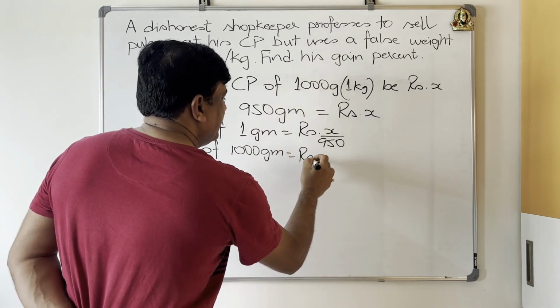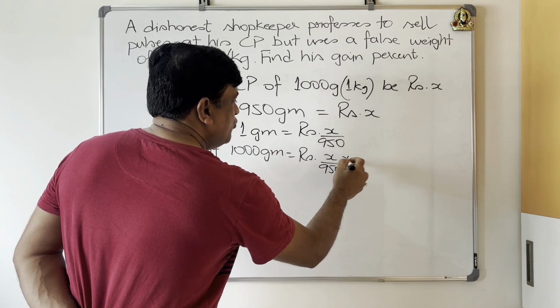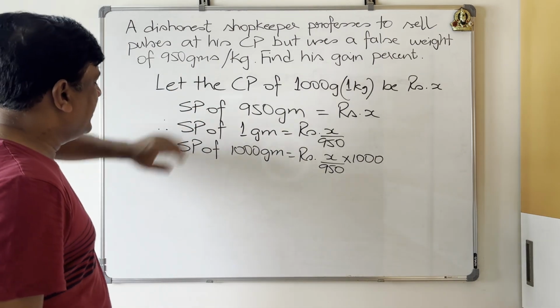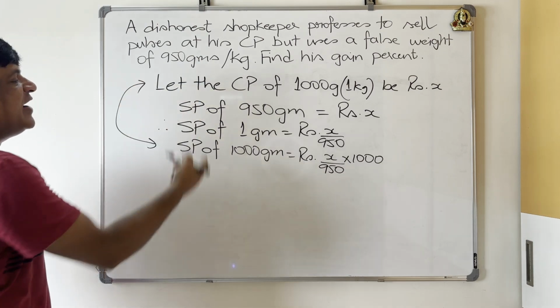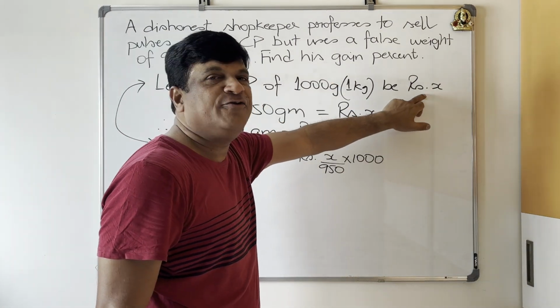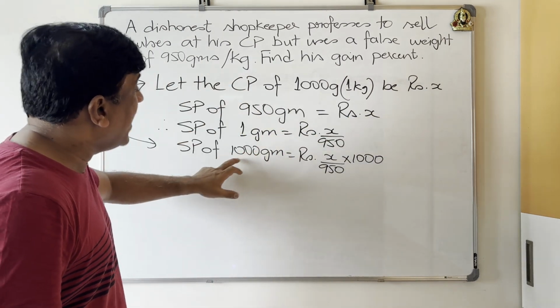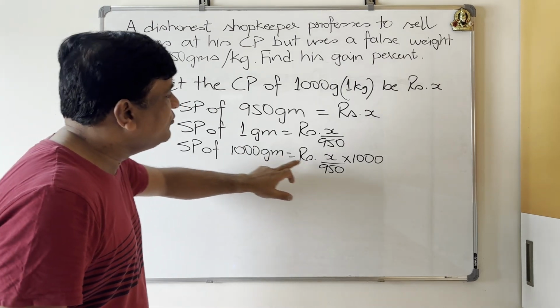It will be rupees X divided by 950 into 1000. Right? Now I can equate these two to find the profit, because the cost price of 1000 grams for the shopkeeper is rupees X, and we calculated based on 950 grams and 1000 grams. So selling price of 1000 grams is how much?